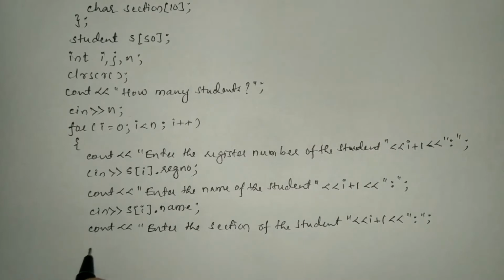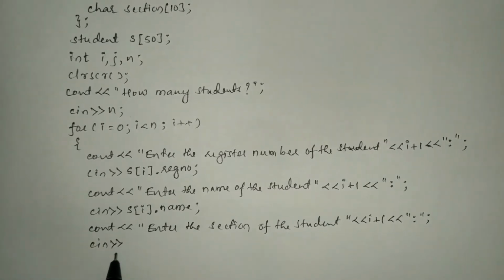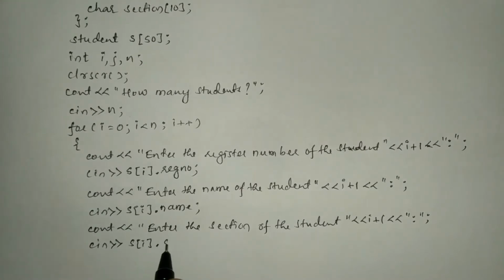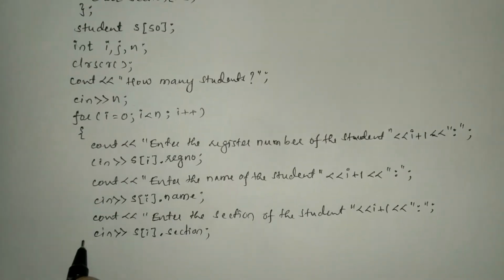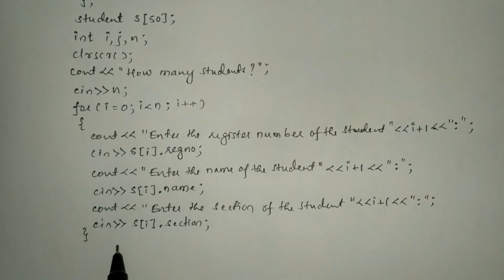Now we are going to receive the response from the user through keyboard using cin stream extraction operator, s of i dot section, and put semicolon and curly closing brace for this opening of iterative statement.